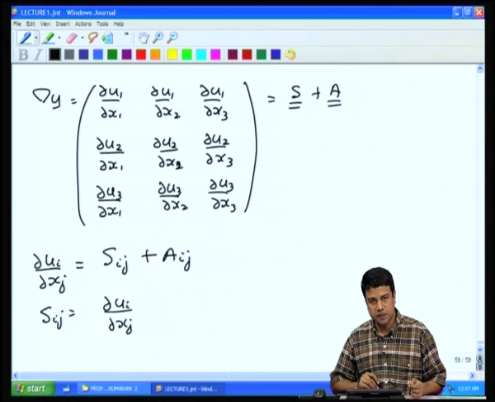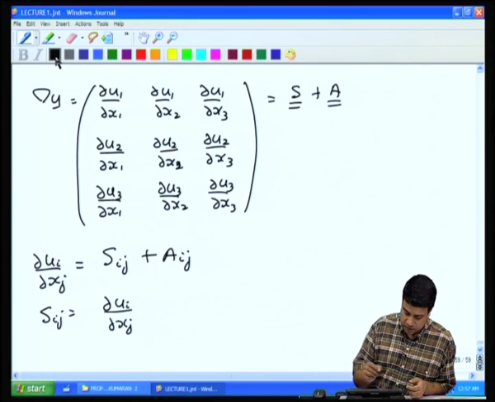What does transpose mean? That means that I change the rows and columns. The row becomes the column and the column becomes the row. So, what would be the transpose of this matrix?